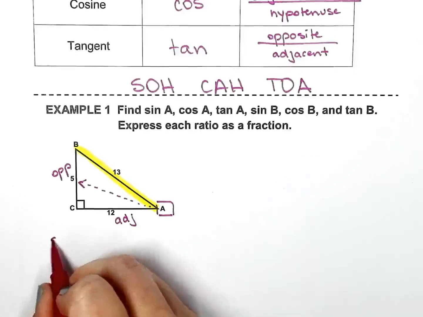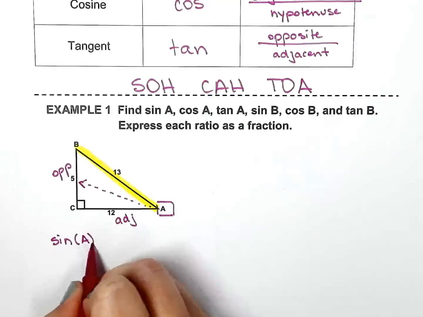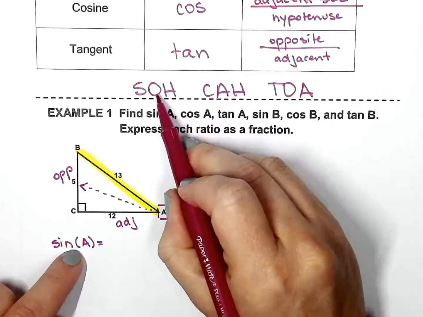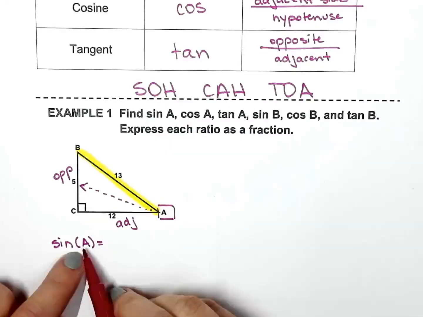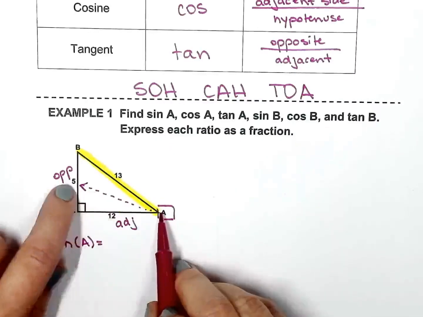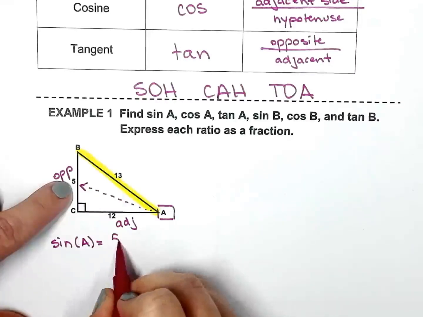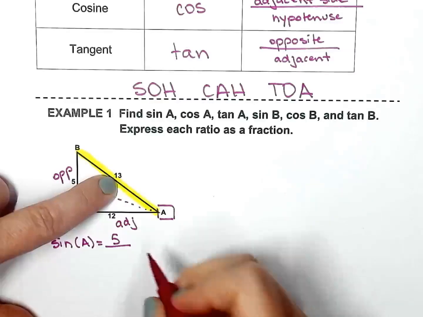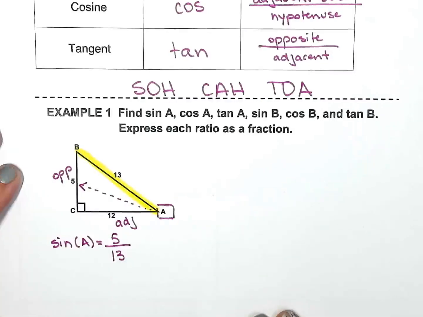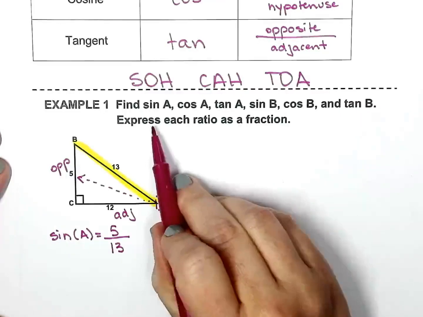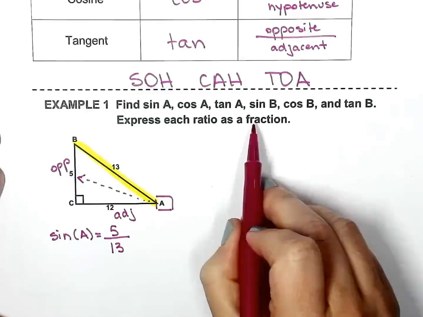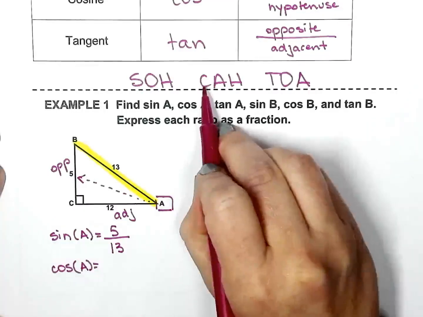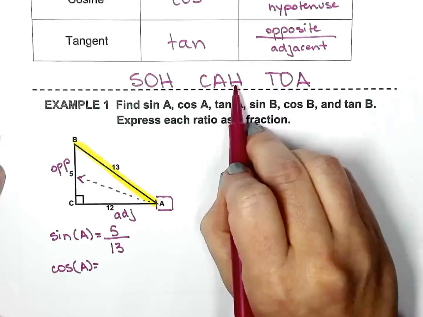Okay, here we go. Sine of angle A. Sine is opposite over hypotenuse. Opposite right there is 5, over hypotenuse. I highlighted 13. That's all you're doing. Express each ratio as a fraction. Okay, cosine of angle A. Cosine is adjacent over hypotenuse.